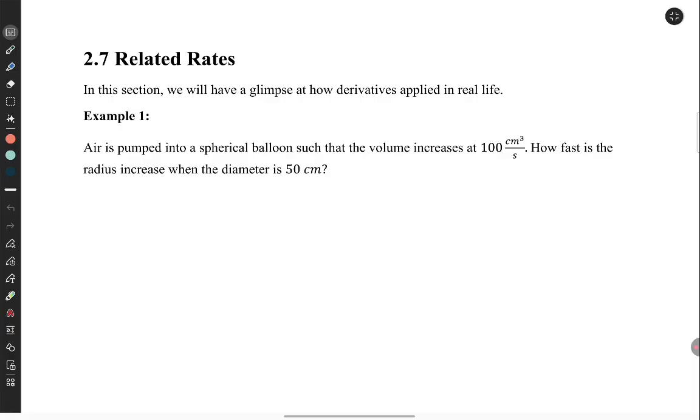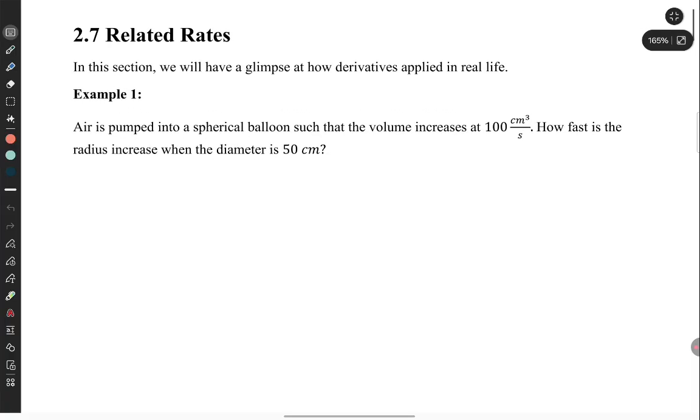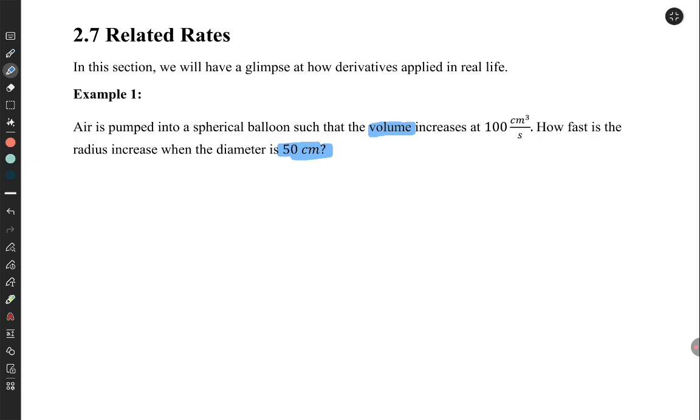How fast is the radius increasing when the diameter is 50 centimeters? Here is the key information in this problem. They give you the volume, they say something about the radius, the question is about the radius, and they give you the diameter.